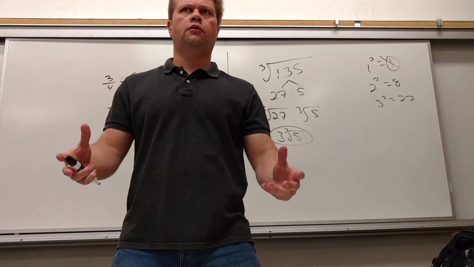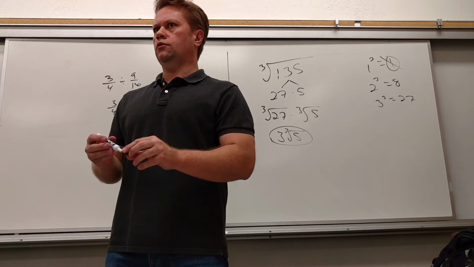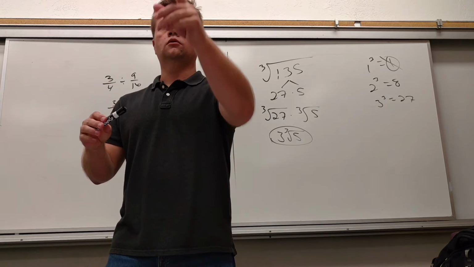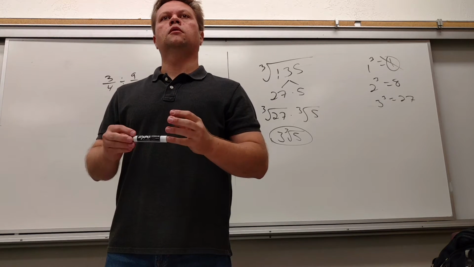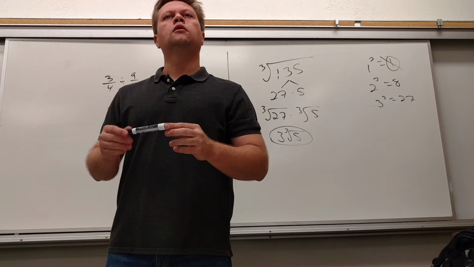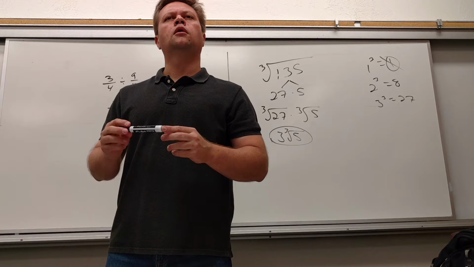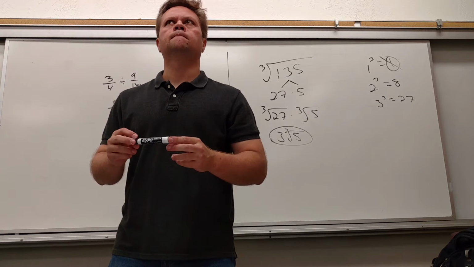All right, so where do we want to go next? It's up to you guys what we do. Factoring. Seven, where you have two answers, three answers, more than one possible answer.